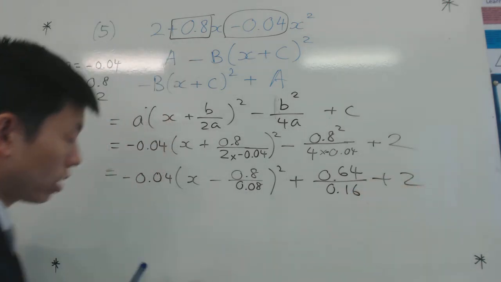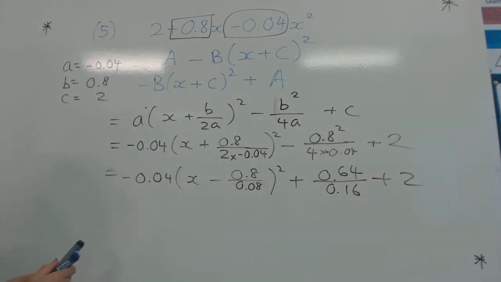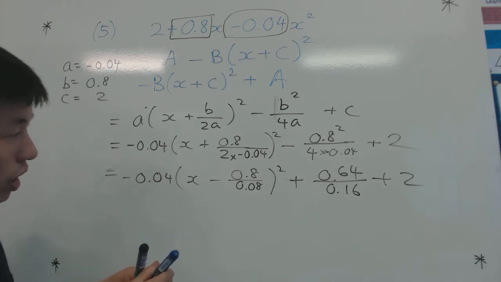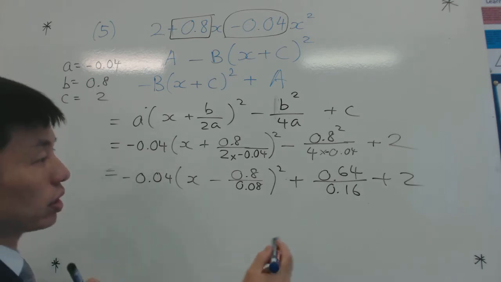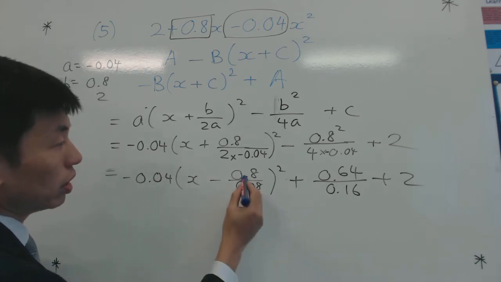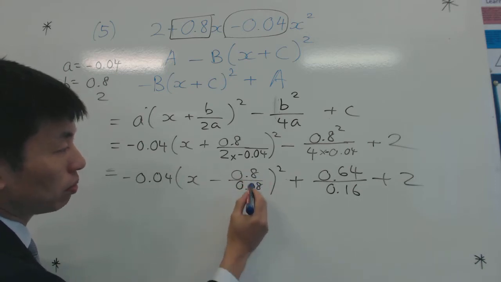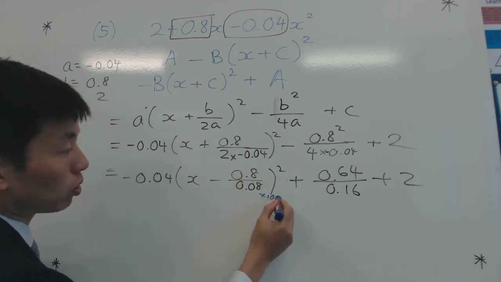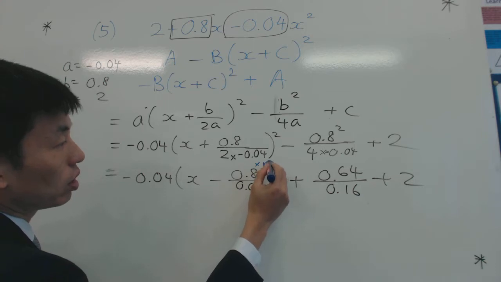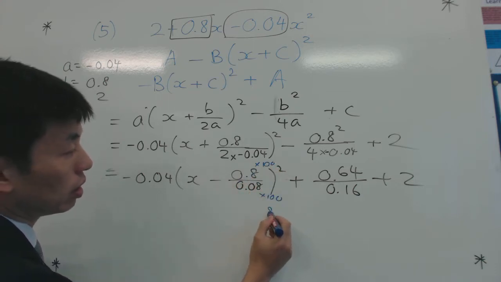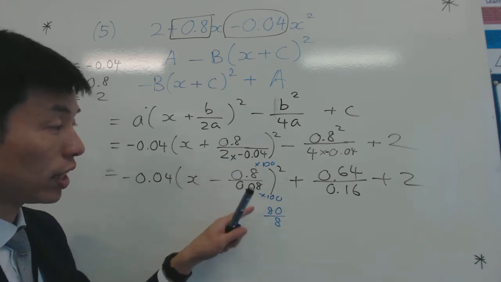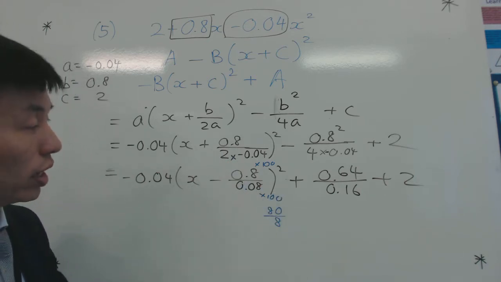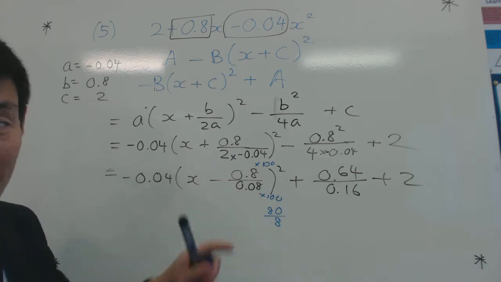Okay, out of interest, you can simply take 0.8 over 0.08 and times the top and bottom by 100. So that would become 80 over 8. So you could divide it, it's the same as 80 over 8, which is actually going to be 10.